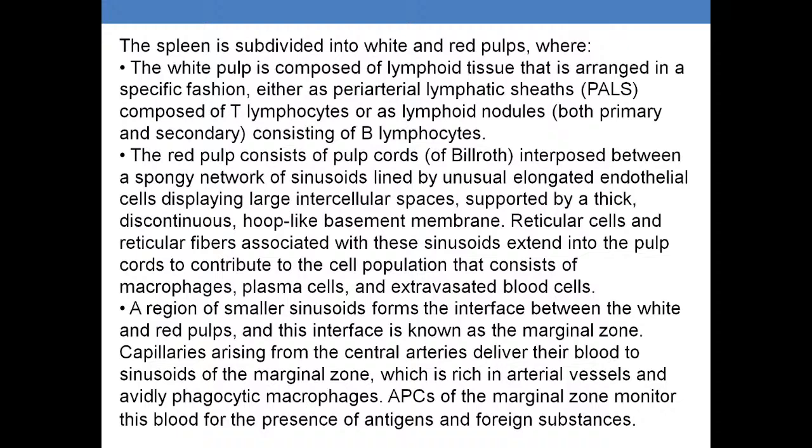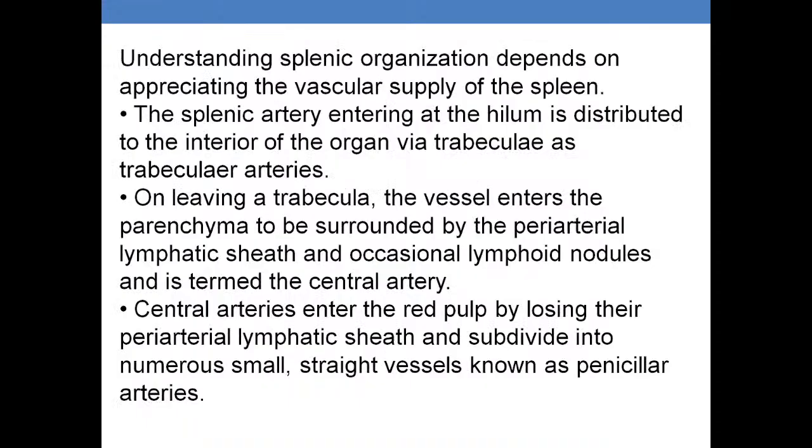Capillaries arising from the central arteries deliver their blood to sinusoids of the marginal zone, which is rich in arterial vessels and avidly phagocytic macrophages. Antigen-presenting cells of the marginal zone monitor this blood for the presence of antigens and foreign substances.